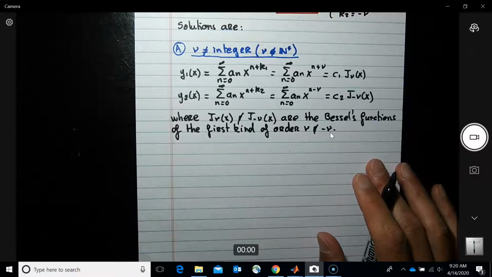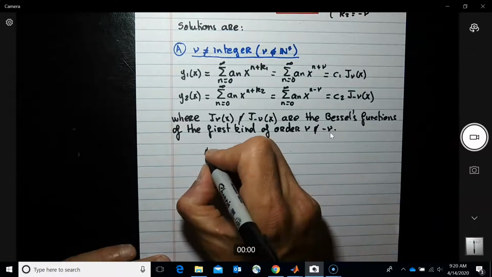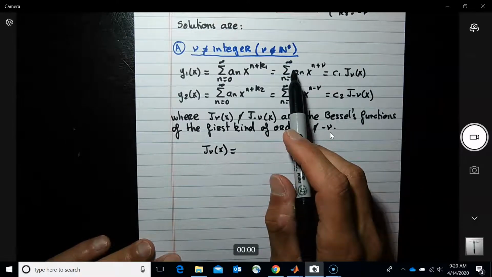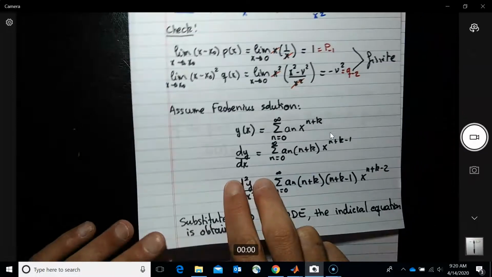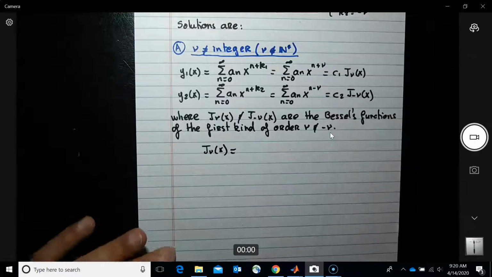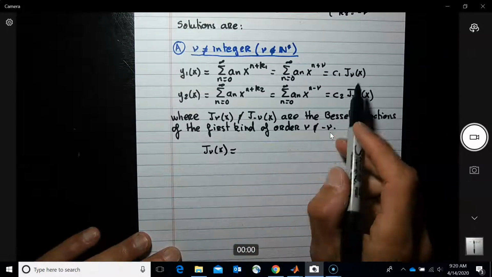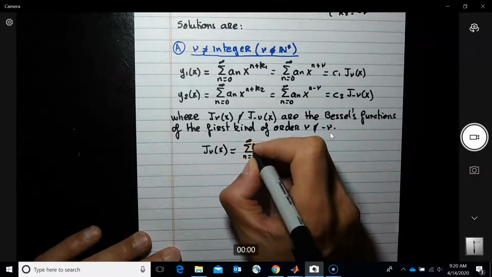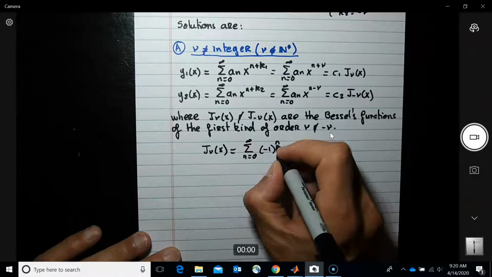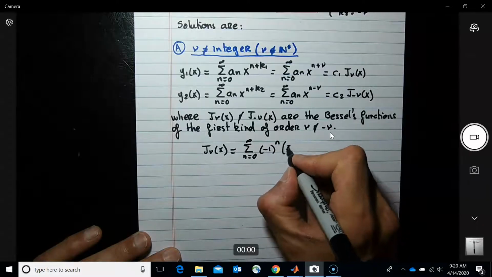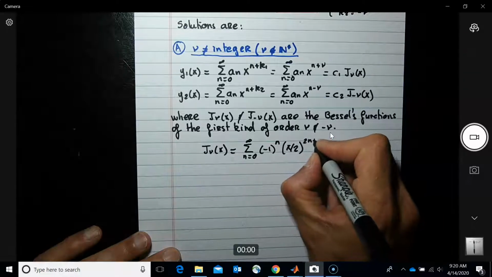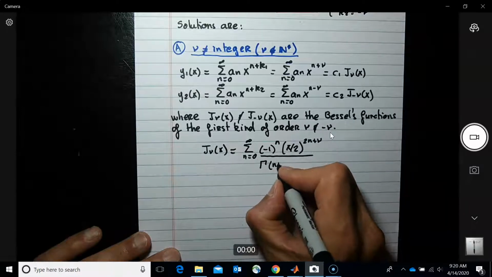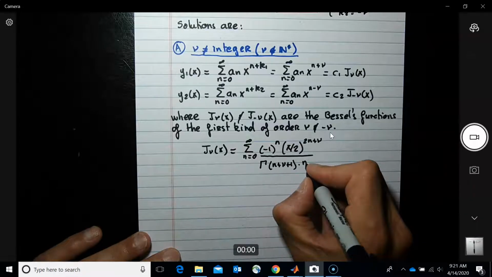So that function over here, J mu of x, if you go into detail, substituting this into the ODE over here and doing all the calculations, you will find that the power series expansion of this one is the summation n equal to 0 to infinity of minus 1 to the power n, x over 2 to the 2n plus mu, divided by the gamma function of n plus mu plus 1 times n factorial.